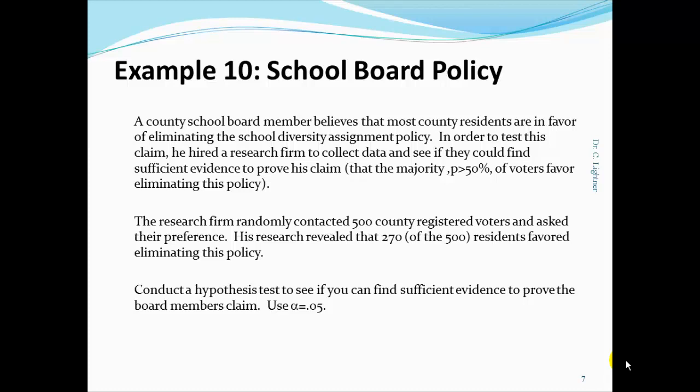The research firm randomly contacted 500 county registered voters and asked their preference. His research revealed that 270 of the 500 residents favored eliminating this policy. Conduct a hypothesis test to see if you could find sufficient evidence to prove the board member's claim. Use an alpha equals 0.05 level of significance.